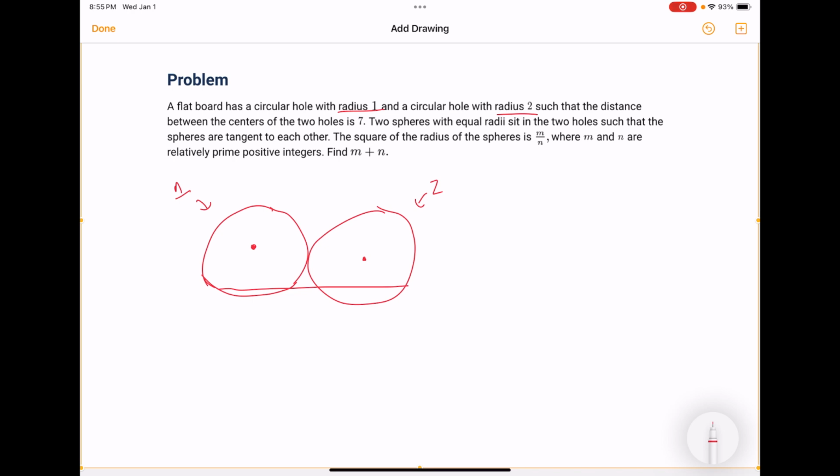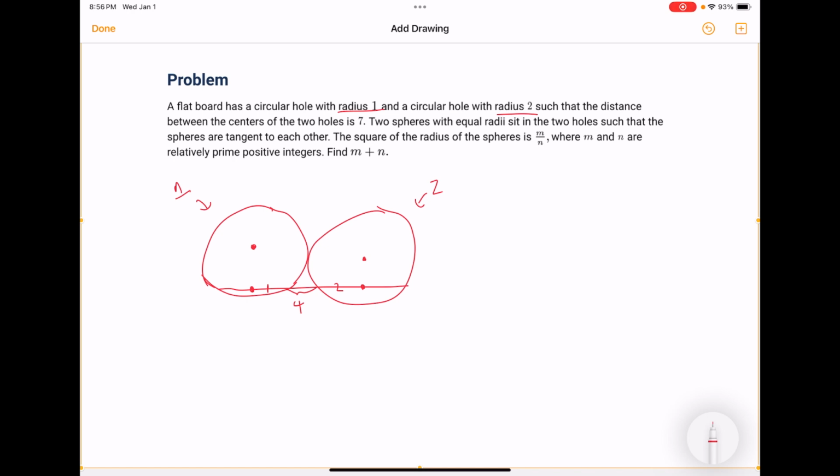I'm going to let this point and this point be the centers of the circular holes. The distance between the centers of the holes is 7, so this would be a radius of 1, this would be a radius of 2, and in between would be 4. This is not drawn to scale.